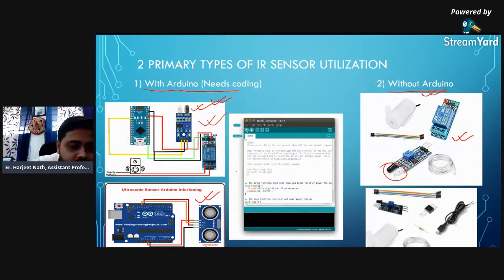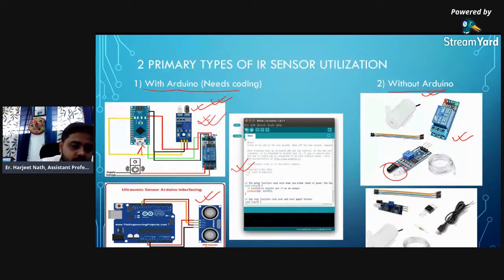If you are coding, it can be in C or C++ based programming language, or you can also use a standard API known as the Arduino language, and with that coding you can straight away load it into the Arduino using the USB connectivity, and accordingly this particular sensor will be working.